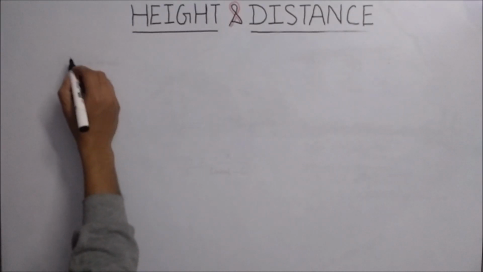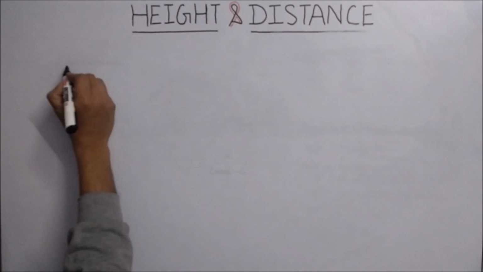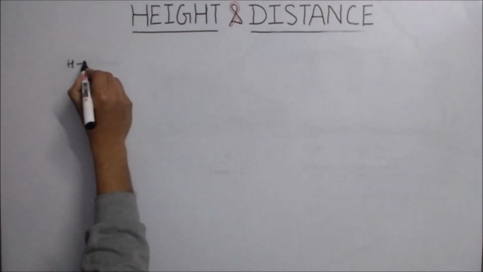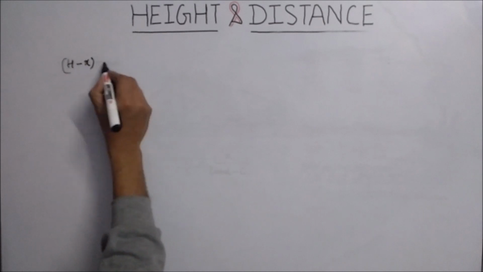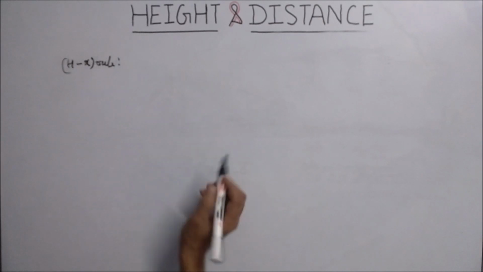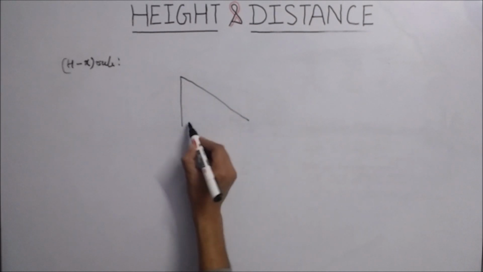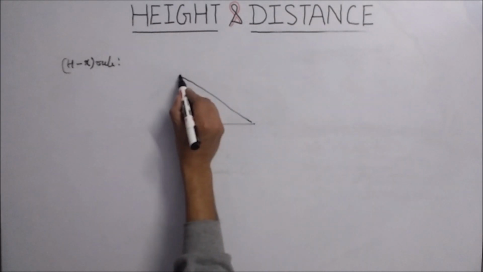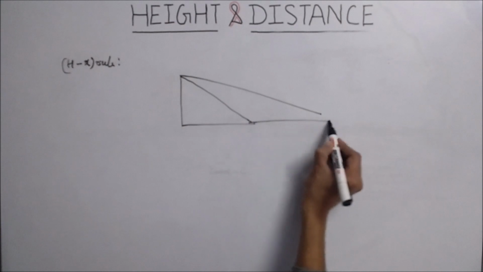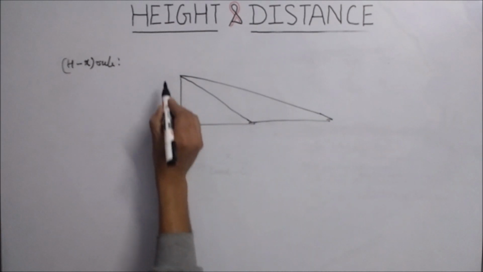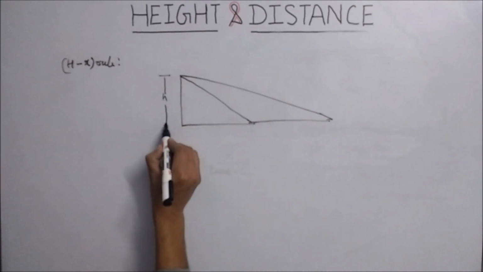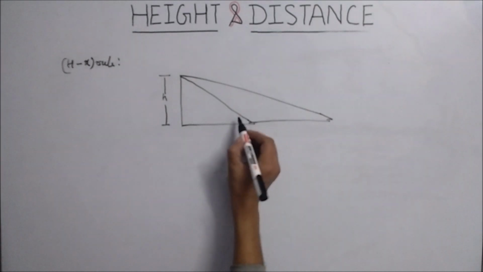Now we understand one more trick, that is the h by x rule. You will have to apply this rule only when you have a figure like this. This is the height of the pillar or tree or tower, whatever is given in the question.